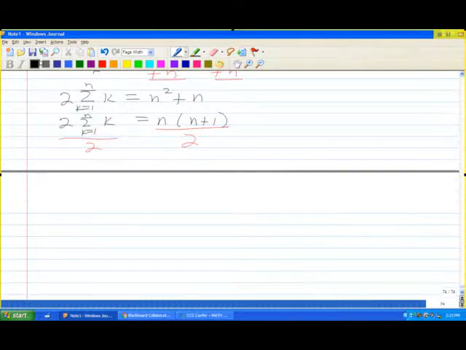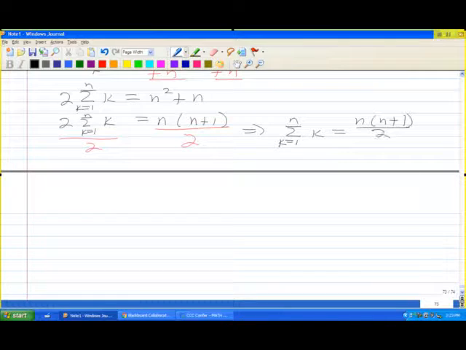So I get the sum k equaling 1 to n of k equals n times n plus 1 over 2, which is the formula that Gauss got, and the formula that we derived by slightly different methods from just utilizing the fact that we had done it in general for any arithmetic series. So this is yet another way to derive it. I showed it several different ways now.